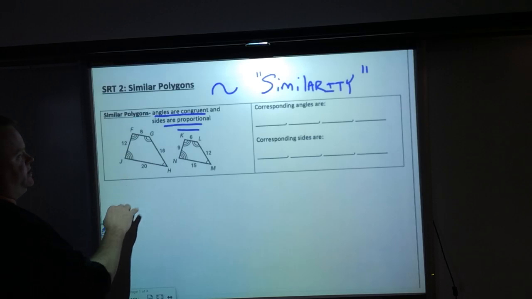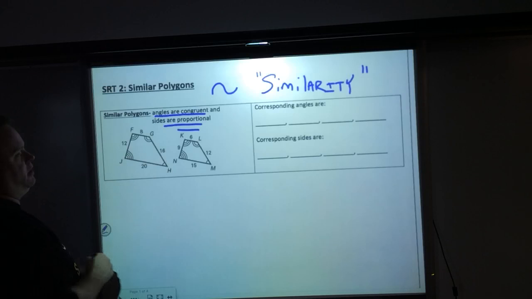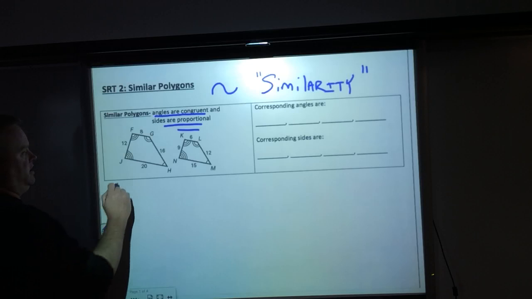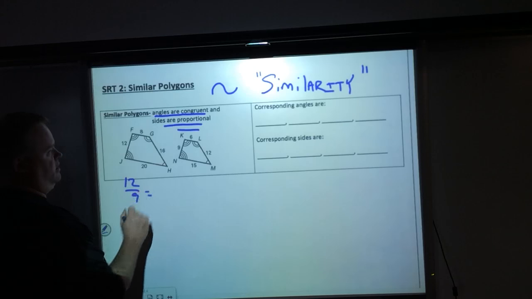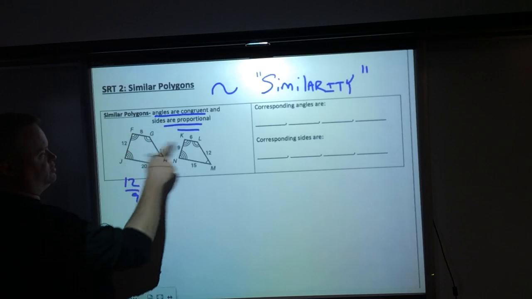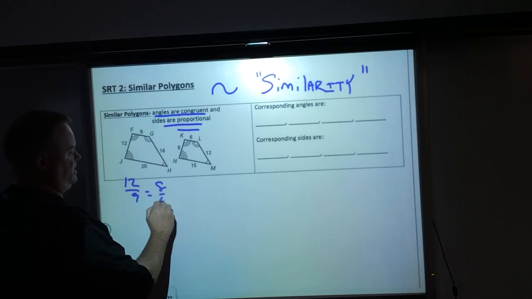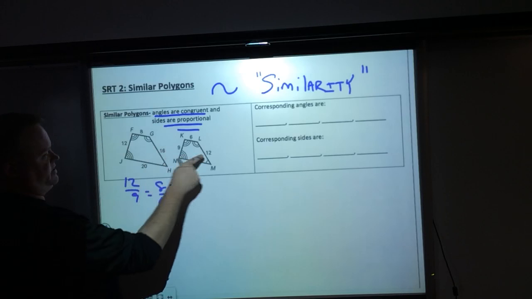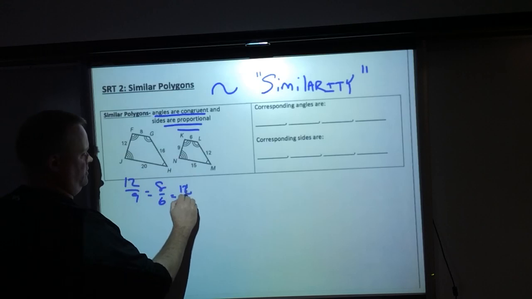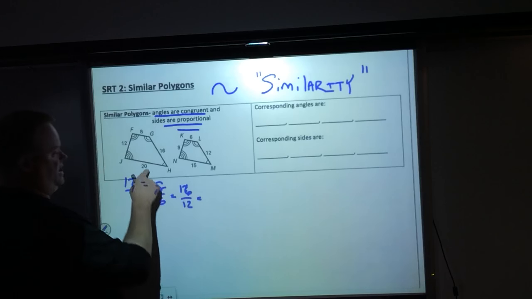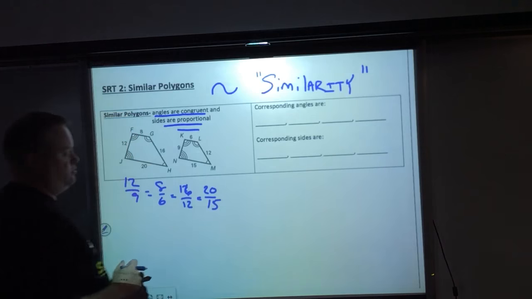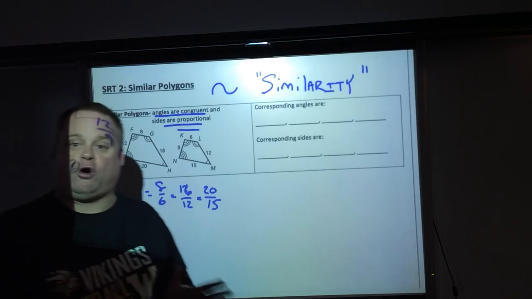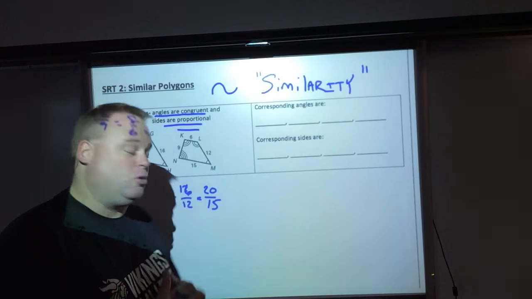Now I can do the proportions of it. Is 12 over 9 equal to 8 over 6, which is equal to 16 over 12, and last but not least 20 over 15? What I'm doing there is asking whether all of these are in the same proportion.